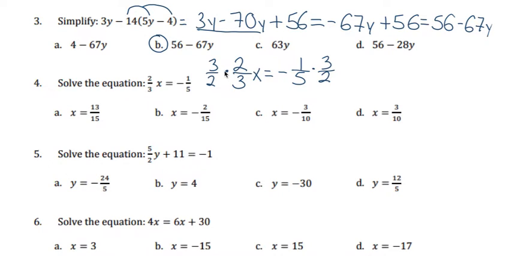On the left side, the two fractions cancel each other out, and we're left with x. On the right side, we're going to multiply the two numerators together. 1 times 3 is 3. And -5 times 2 is going to be -10. And we'll get that x equals -3 over 10, or answer choice C.